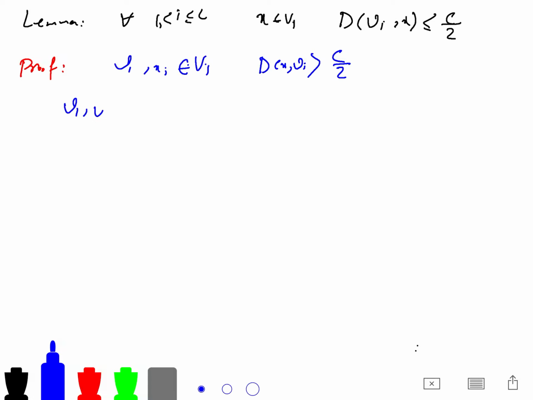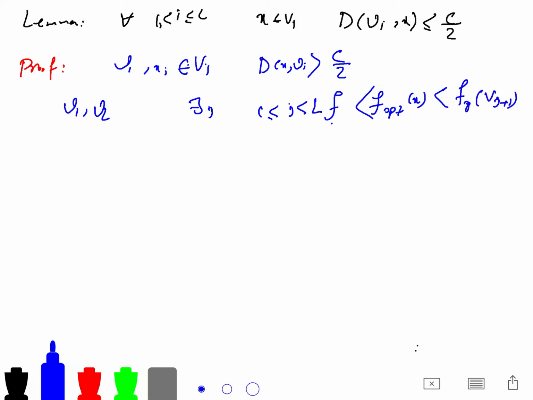By the fact that V1 and VL are the leftmost and rightmost embedded nodes in the embedding, it follows that there exists j between 1 and L such that f_opt of x lies between f_opt of Vj and f_opt of Vj plus 1.